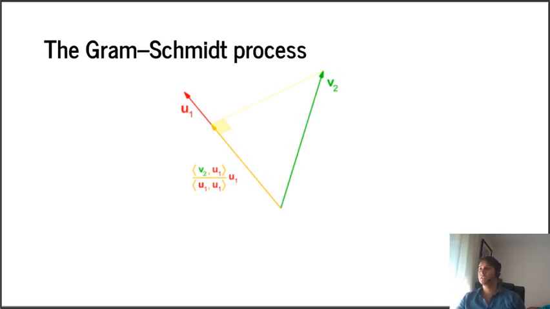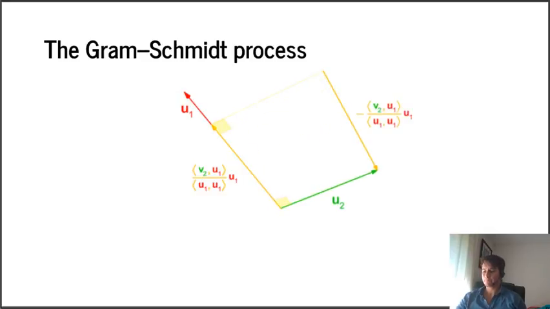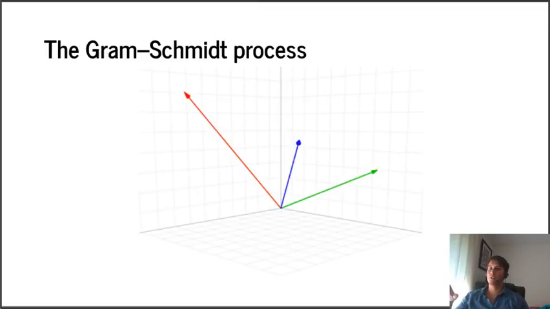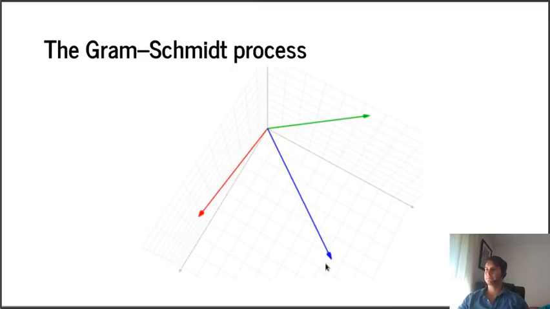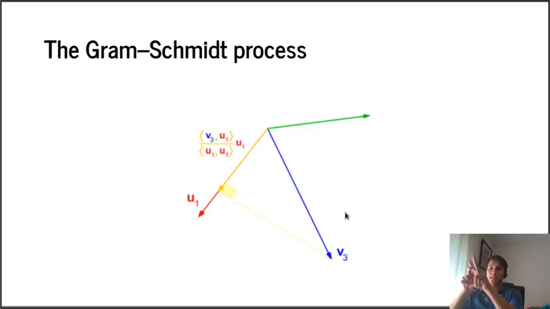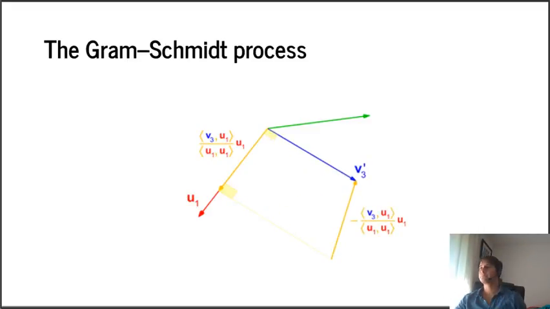There is an application of this. Basically, you start with a set of vectors that are not orthonormal. That means they could be at any angle. It doesn't have to be 90 degrees between them.